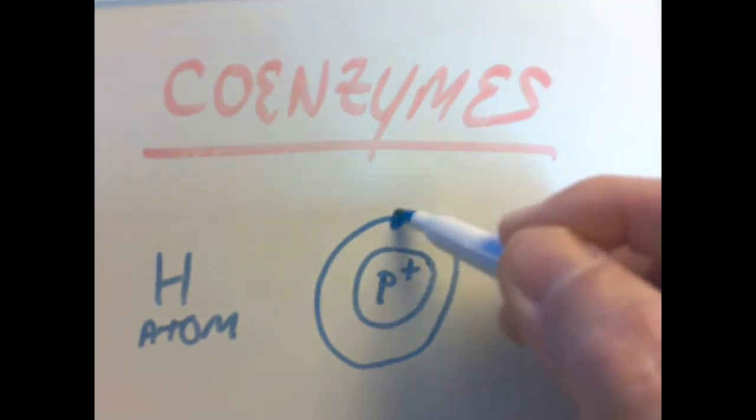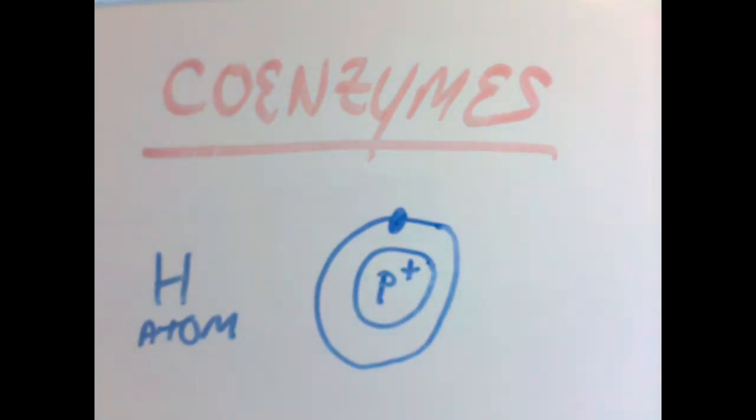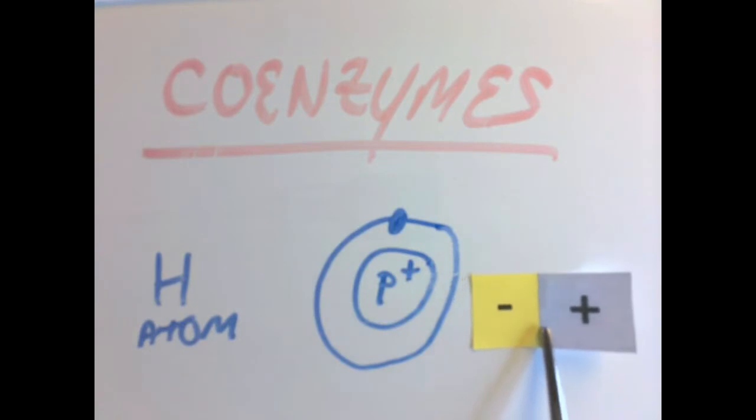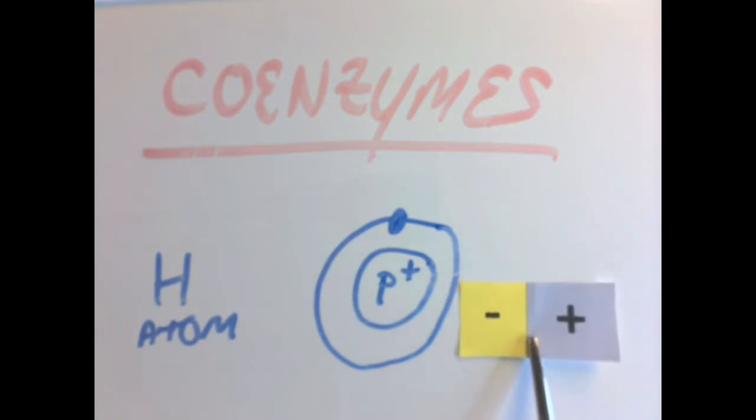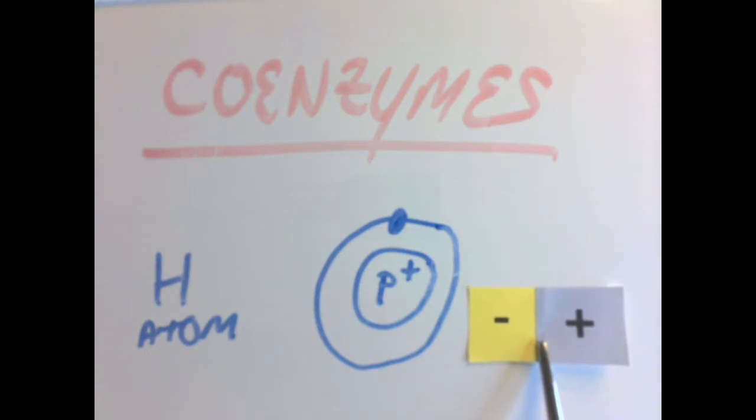We'll make that dot be an electron. So there's a hydrogen atom. I'm going to use this as a shorthand way of representing hydrogen atoms in this particular series of videos. The plus sign is a proton, the negative sign is an electron, so that's going to be my way of representing a hydrogen atom in the next couple of videos. Just so you're clear on that.